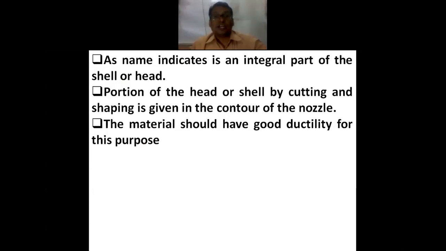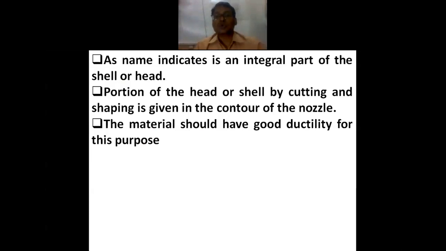That means for the vessel, think of it as a shell, and I'm going to provide a certain hole here. This will be the integral part. It's an integral part and parcel where I'm going to cut it, like a hole provided in this paper. So this will be the integral nozzle.